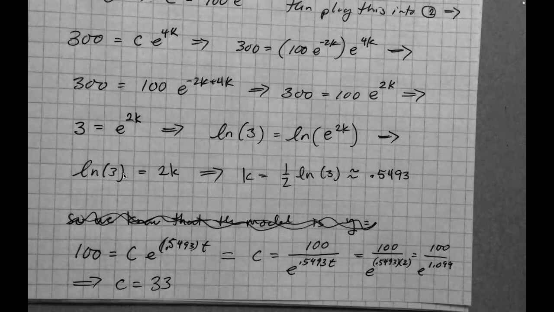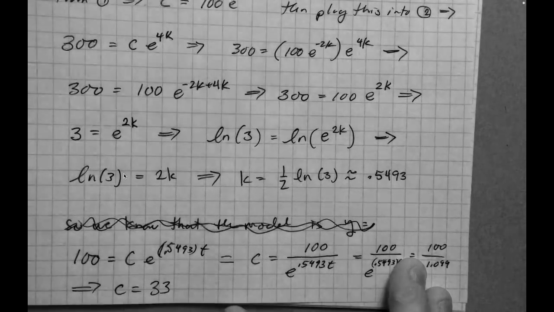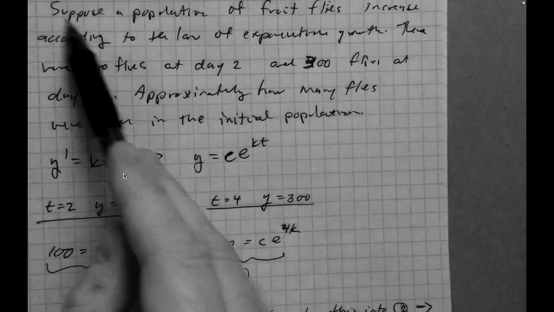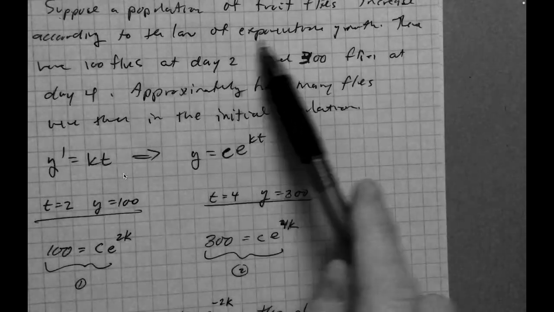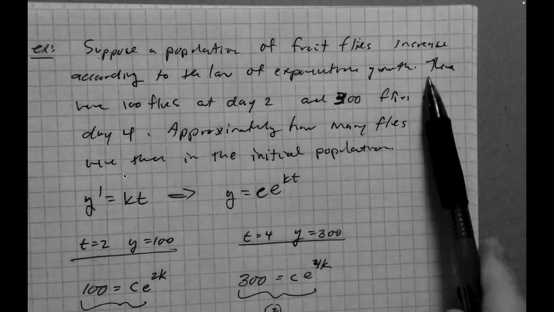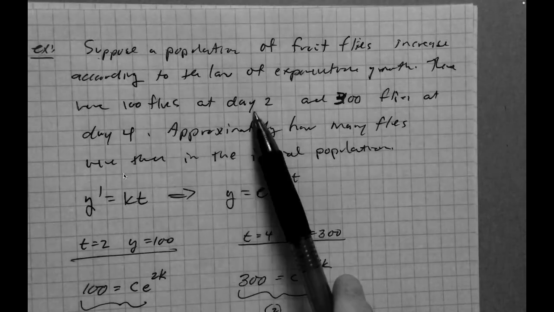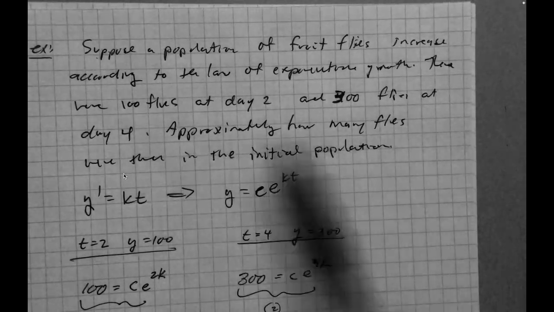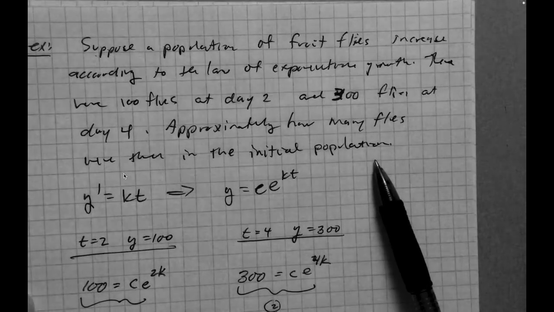Okay, all right, so now we know what C is. We can figure out the main question here. So let's remember what the question is. Suppose the population of fruit flies increases according to the law of exponential growth. There were 100 flies at day 2, and there were 300 flies at day 4. How many flies were there in the initial population?